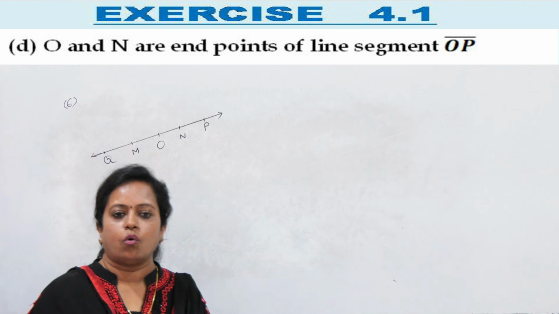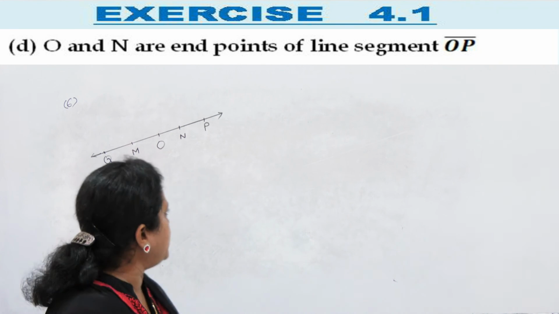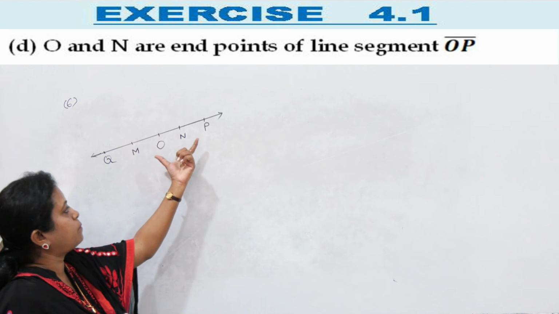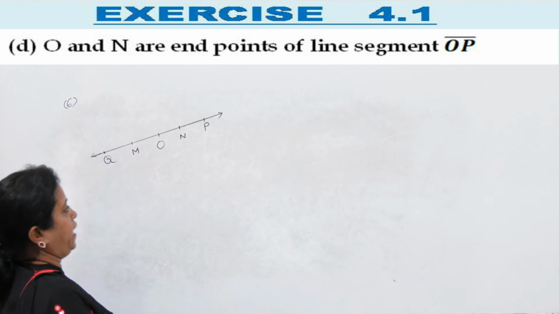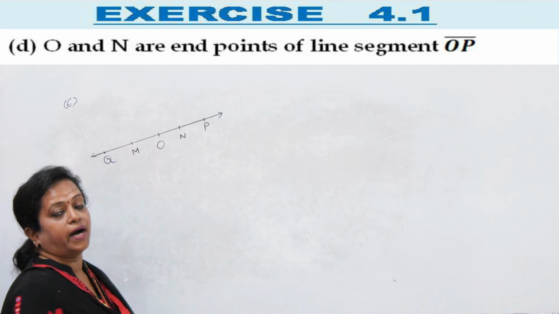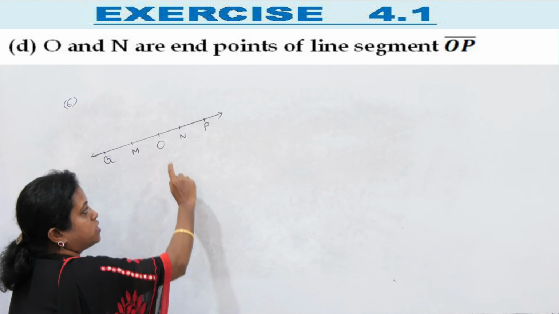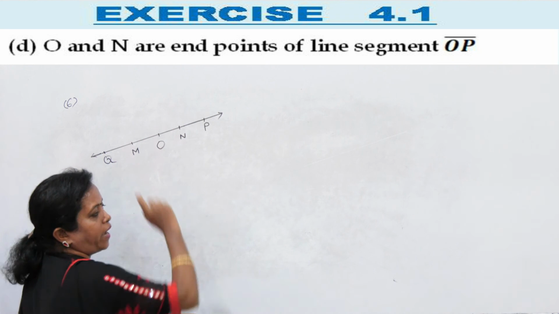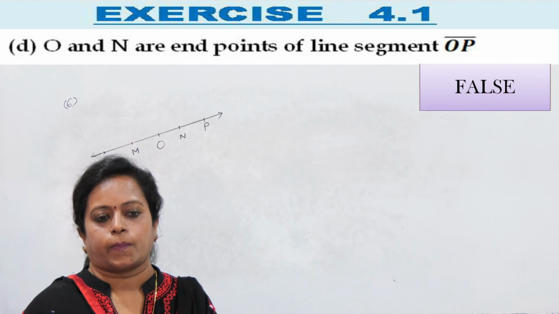Statement D, O and N are the endpoints of the line segment OP. Let us see where is the line segment OP. They are asking whether O and N are the endpoints of the line segment OP. So it is false because the endpoints will be O and P. So the fourth statement is false.